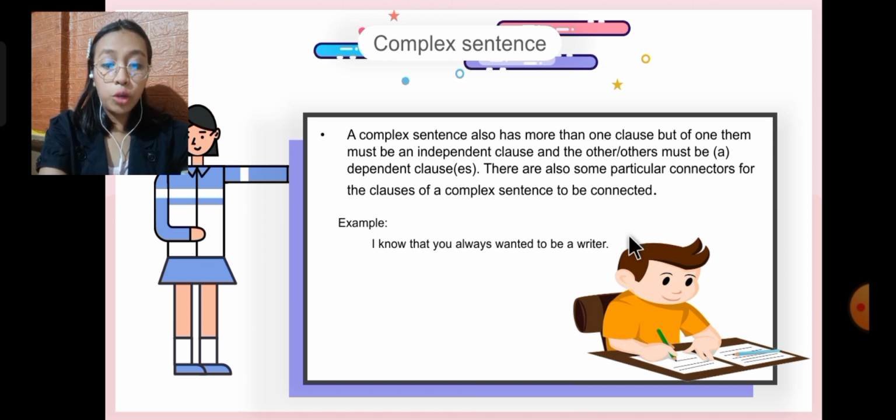Here, a dependent clause is followed by a connector and an independent clause. The other way around is also possible. The dependent clause here is "I know," which is connected by the word "that" to our independent clause, "you always wanted to become a writer."